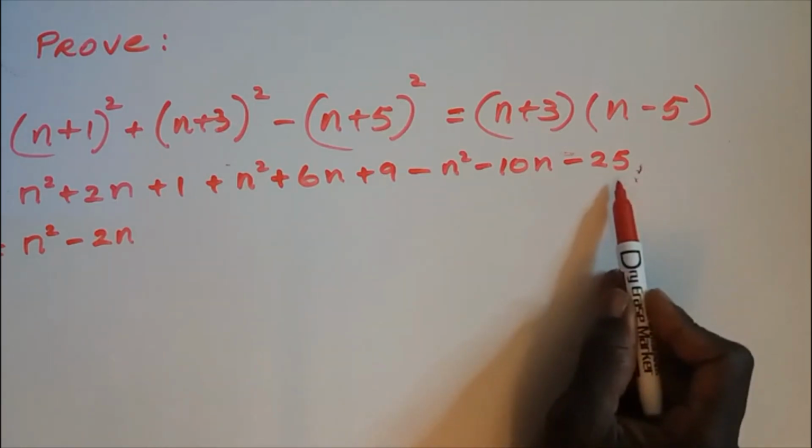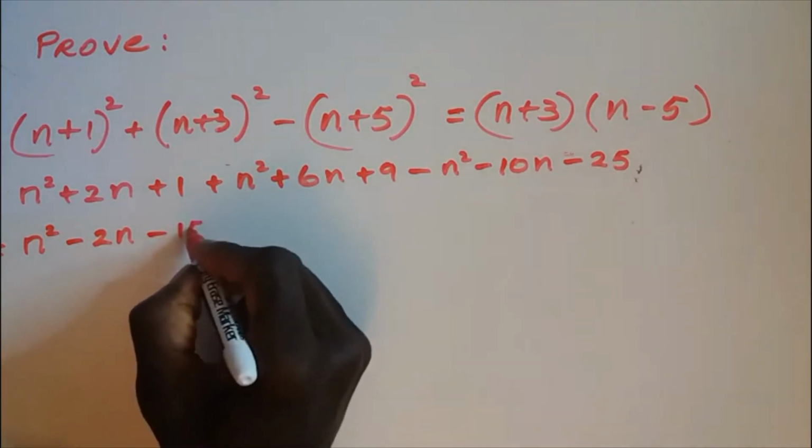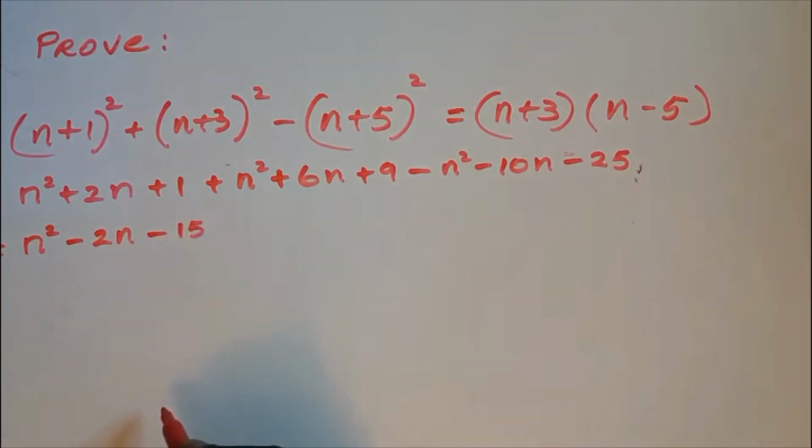Take away 25 will give us minus 15. So this is our quadratic expression.